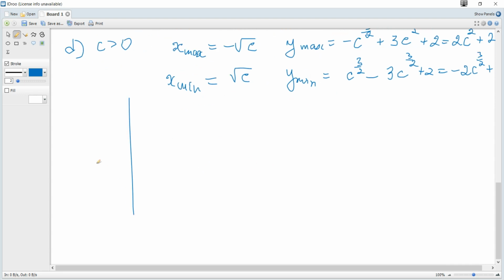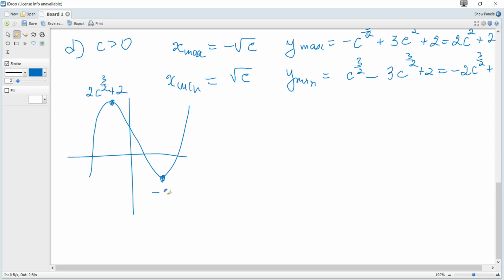And actually our graph is not required, but it looks like this. The maximum has y coordinate 2c to the power 3/2 plus 2.